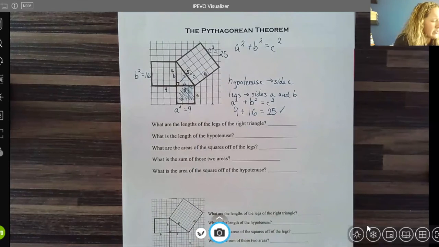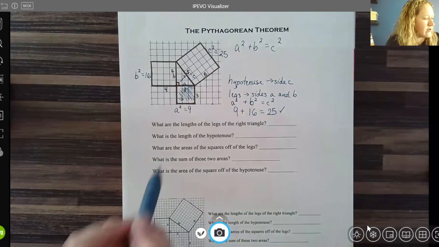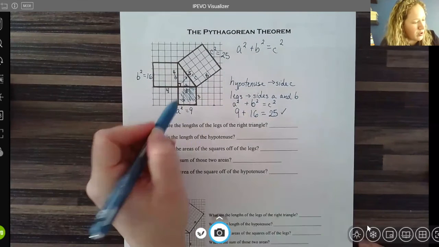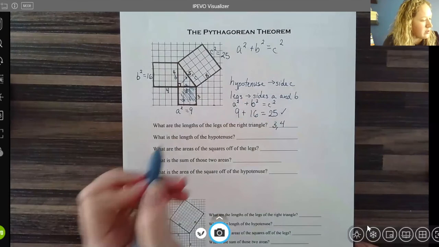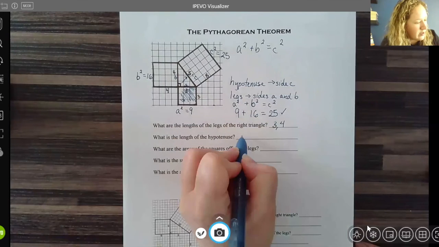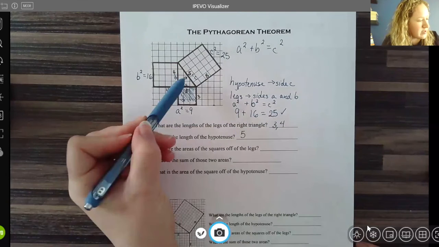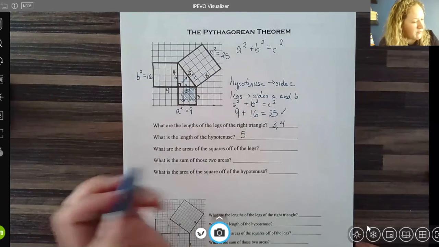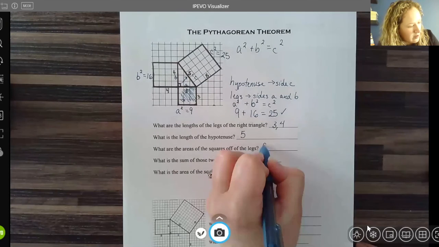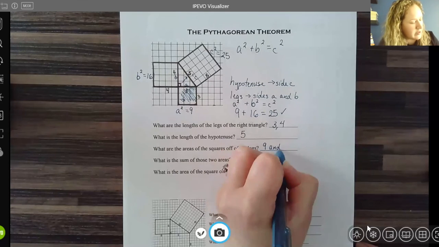So in answering some of these questions, what are the lengths of the legs? Well, we have a 3 and a 4, those are my 2 legs. The length of the hypotenuse is 5, that's this side right here. What are the areas of the squares off of the legs? We just did that, 9 and 16.